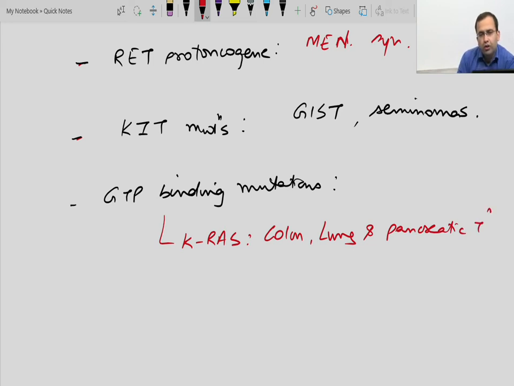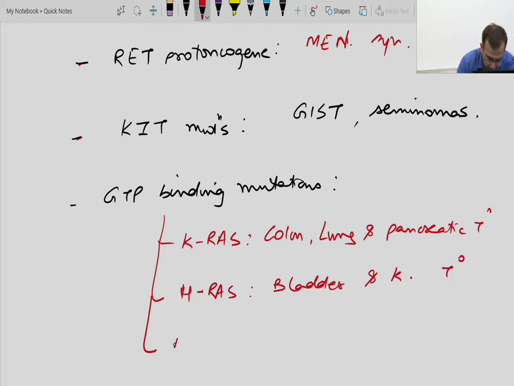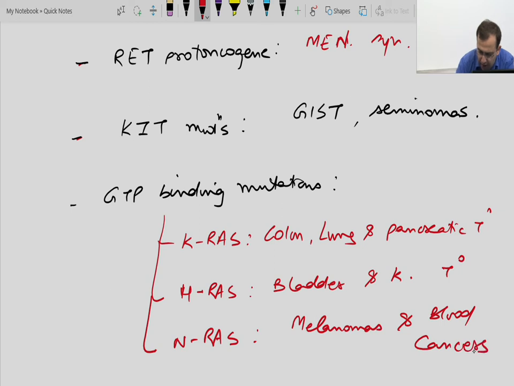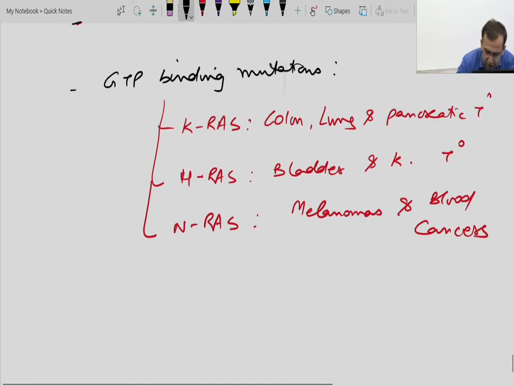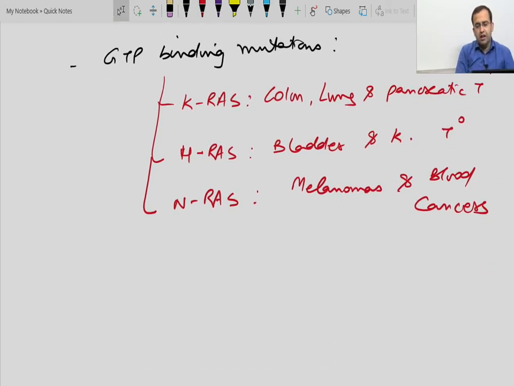HRAS is bladder and kidney tumors. And the last one is NRAS, which is melanomas and blood cancers. So GTP binding mutations: KRAS, HRAS, NRAS.